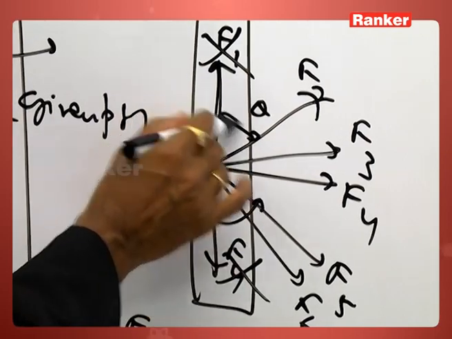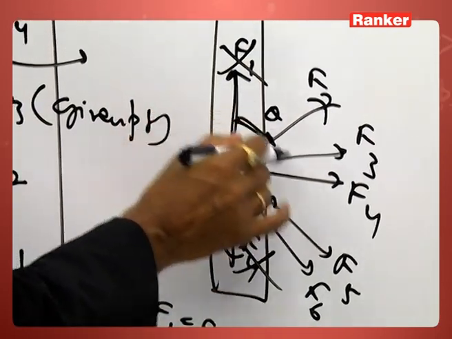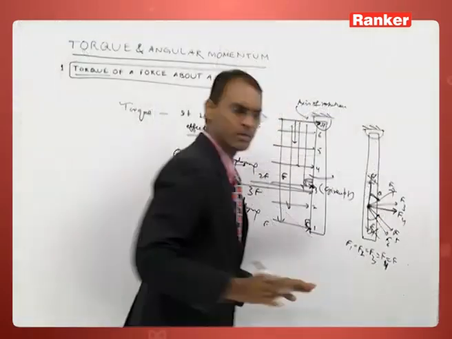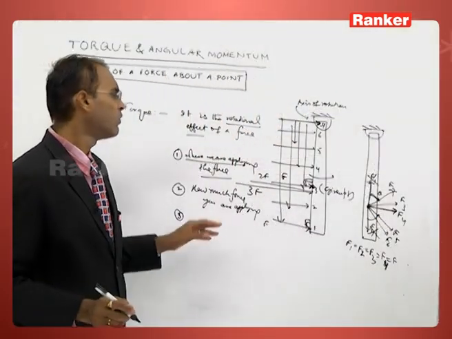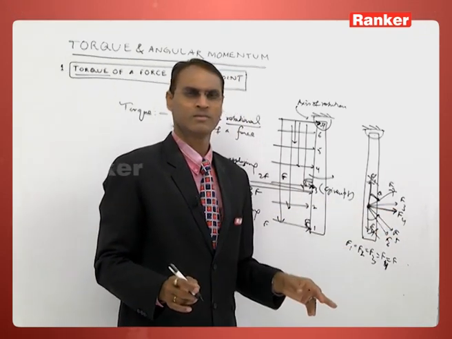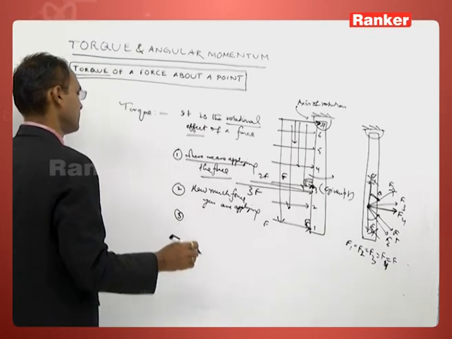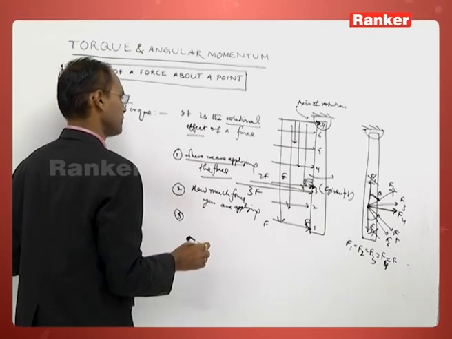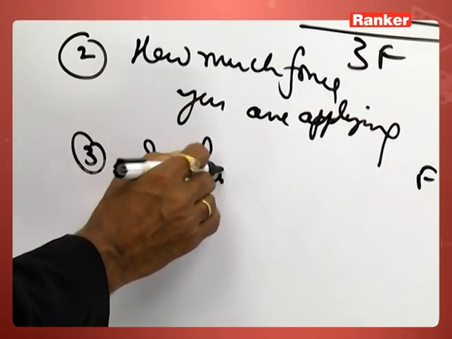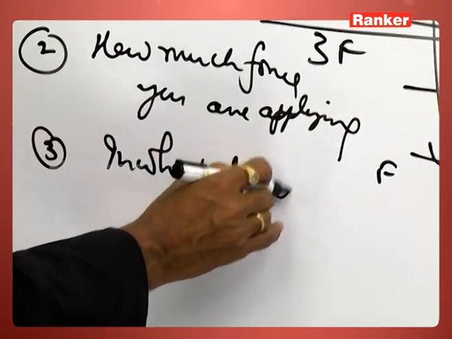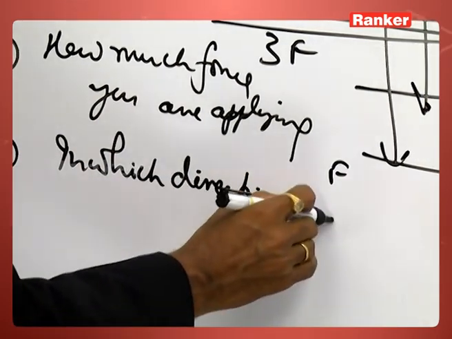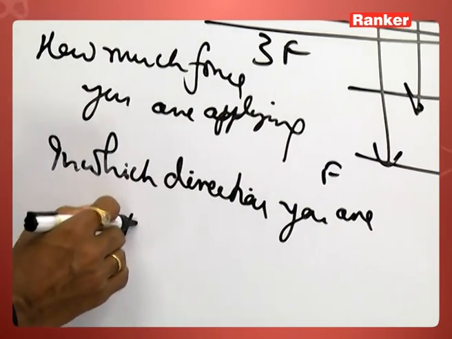From both the sides, if you go on increasing the angle, you can see that most easily the rod can be rotated when you apply the force perpendicular to the rod. So, the third thing is in which direction you are applying the force.